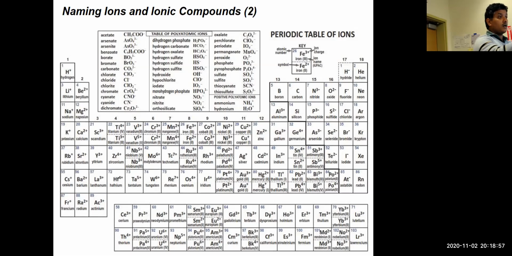So these are reliable main group elements, group 1 and group 2. You can rely on them because they are going to form fixed charges, and so is group 3.